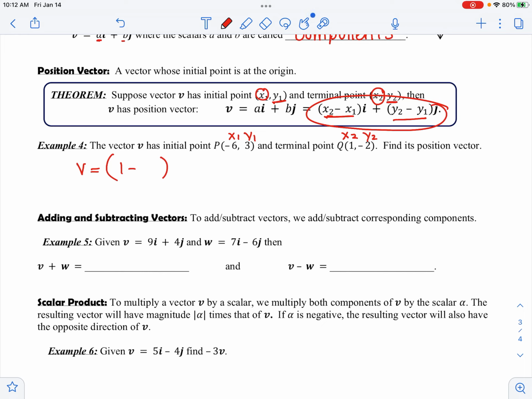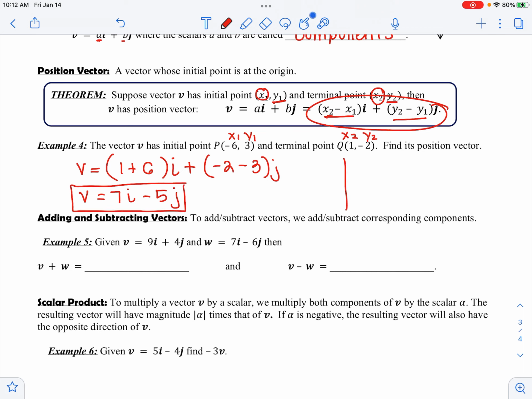So we're going to do x2 minus x1, so 1 minus negative 6 turns it into plus 6, and that'll be i. Plus, we do the same thing for the y values to get the b value. That is 2 minus 6, for the j part of the vector. So we have v equals 7i, and then a negative 4, so instead of plus negative 4, I'm going to do minus 4j. And that's the position vector.